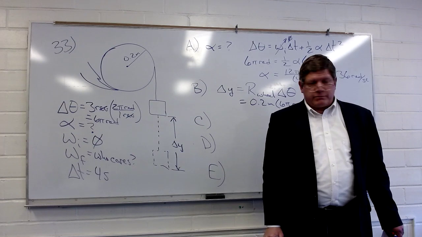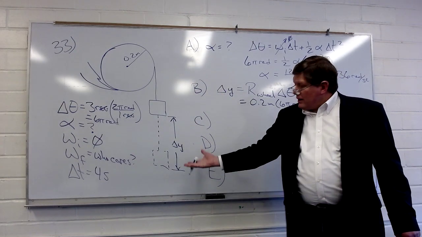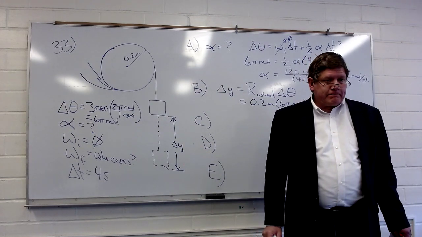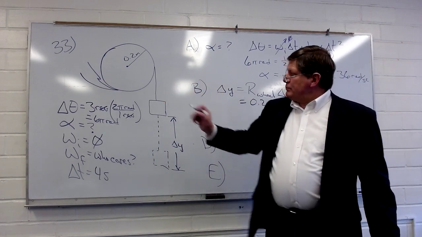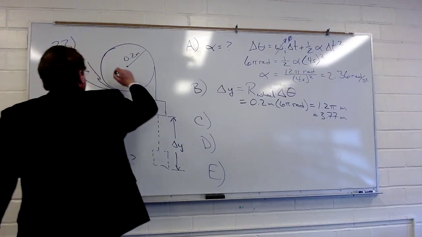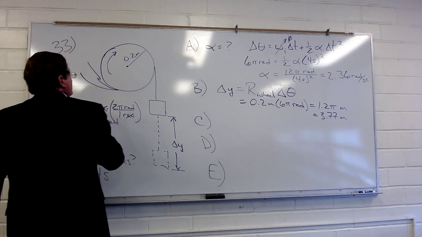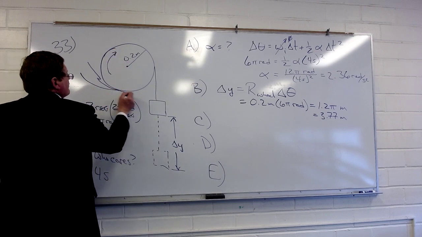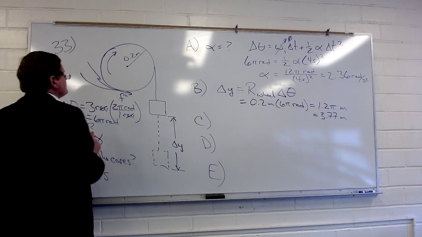You can't slow down from rest. It was speeding up as it approached the floor. And then the hand put a friction force. If this wheel is turning that way, then the friction force is going to fight that motion with a kinetic friction force. Okay?